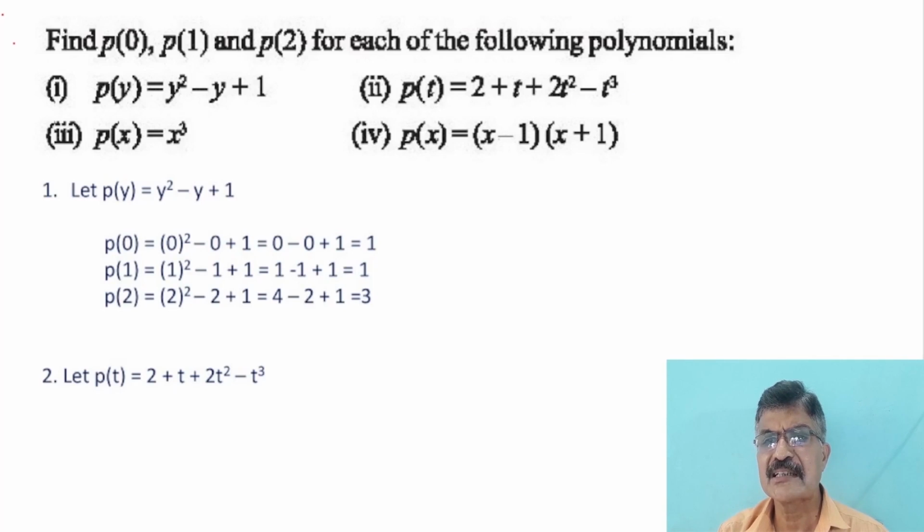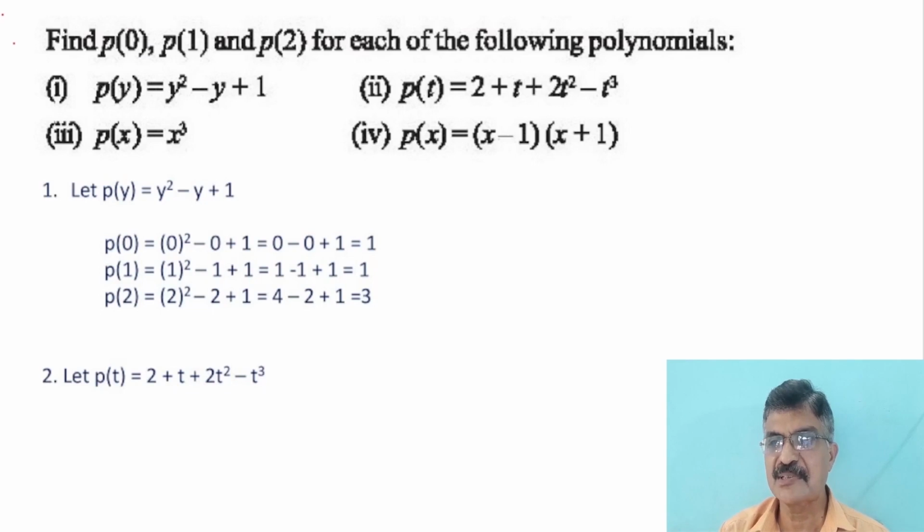Similarly, what's the variable here? t. What we have to do? Put the value of t as 0 and do the arithmetic. Put the value of t as 1 and do the arithmetic. Why do we give the name p? In these questions we give it as p. So that's why we put the name as p(t), p(y), p(x), something like that.